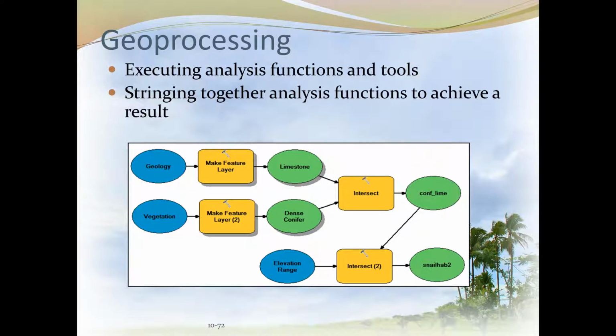So geoprocessing is executing analysis functions and tools, stringing together analysis functions to achieve a result. GIS analysis involves many functions that operate on data objects such as feature classes or tables. Geoprocessing applies one or more of these functions in sequence to solve a problem or investigate the properties of data sets.